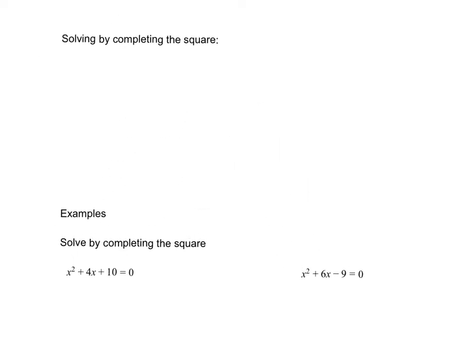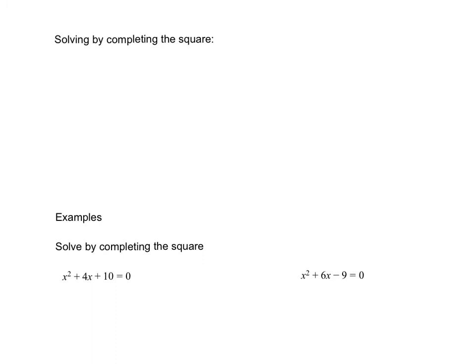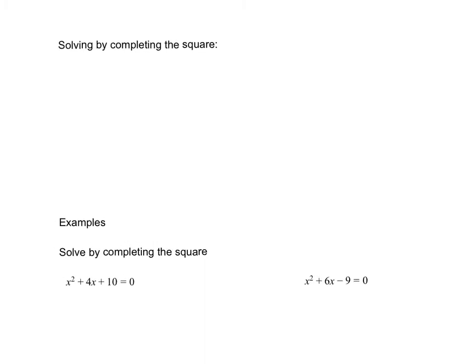Next, we're going to review how to solve by completing the square. When we solve by completing the square, the most important thing is that the leading coefficient is 1. So instead of a quadratic of the form ax squared plus bx plus c equals 0, we're looking at something of the form x squared plus bx plus c equals 0.